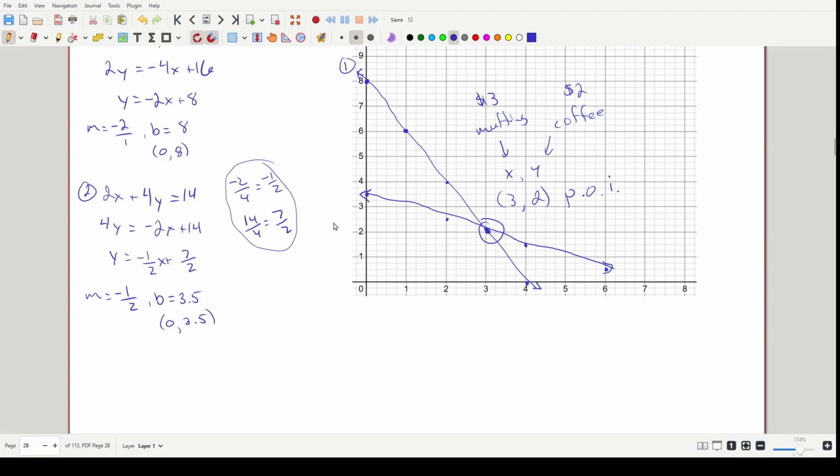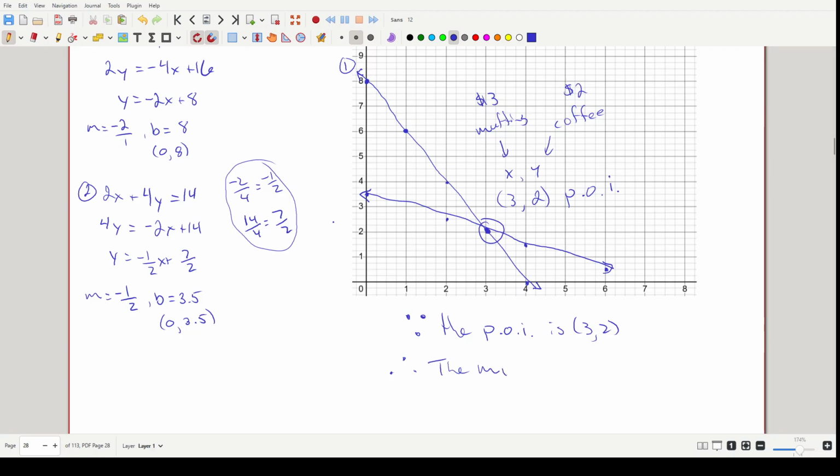So let's go write a therefore statement down the bottom here. So we could say, since the point of intersection, the POI, is 3, 2, we can say, therefore, the cost of a muffin is $3 and the cost of a coffee is $2.